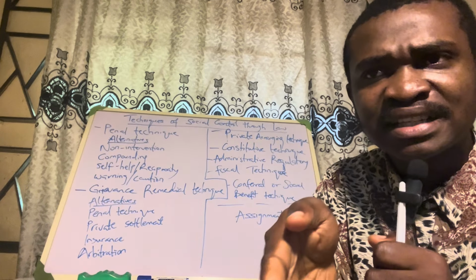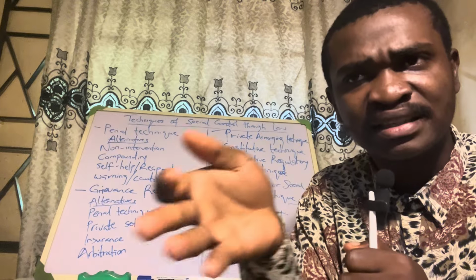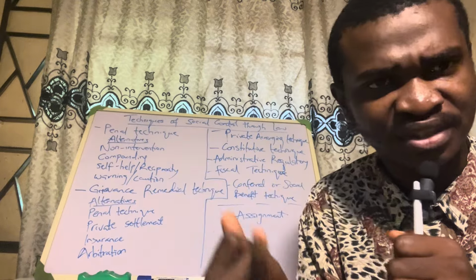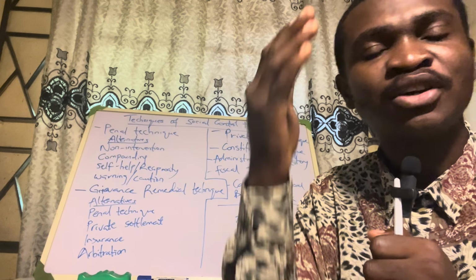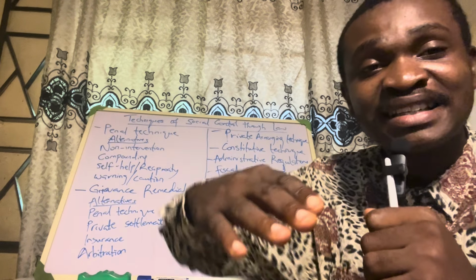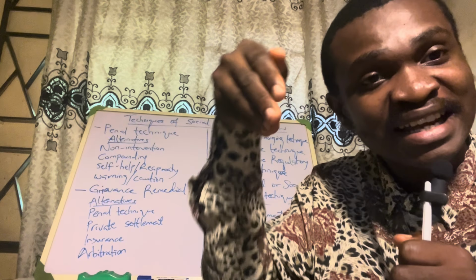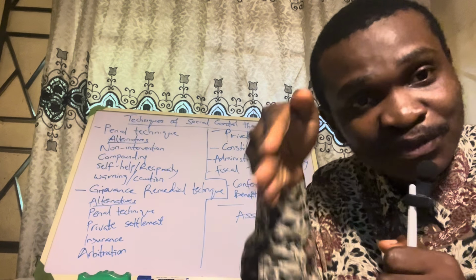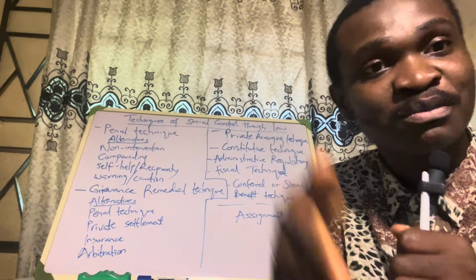I'm using marriage as an example because there are three ways you can engage in marriage: statutory marriage, customary marriage, and probably Islamic marriage. You are not expected to marry, that is number one. But if you now want to marry, then there is a framework; you must choose between these three. If you choose statutory marriage, there are things in it that you must still follow, because somebody who has engaged in statutory marriage will not marry another person.